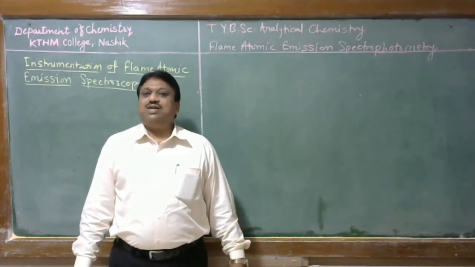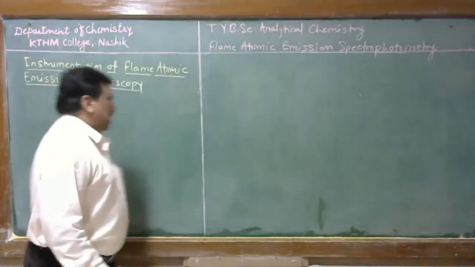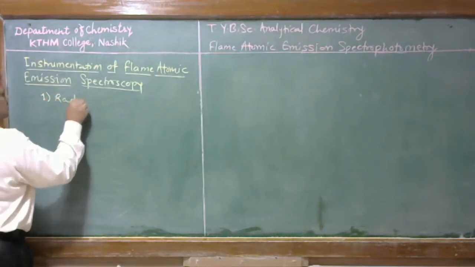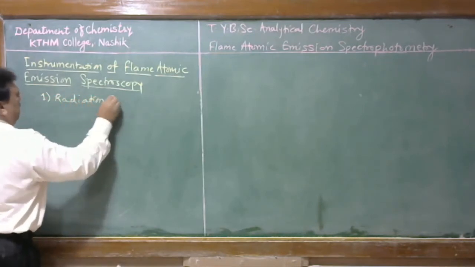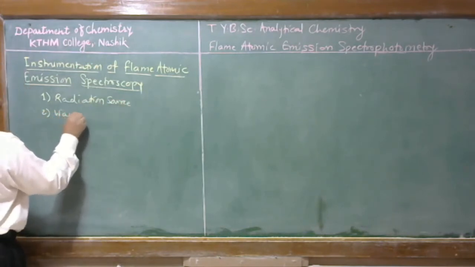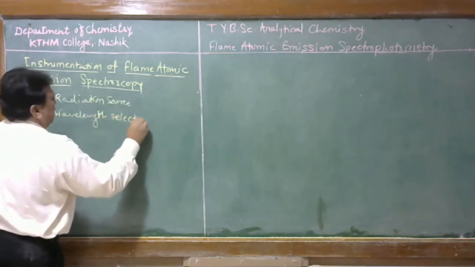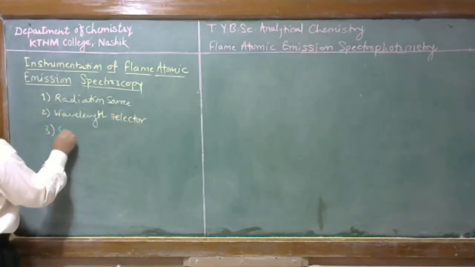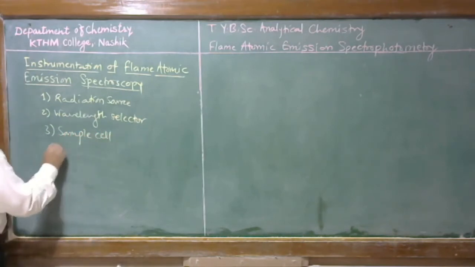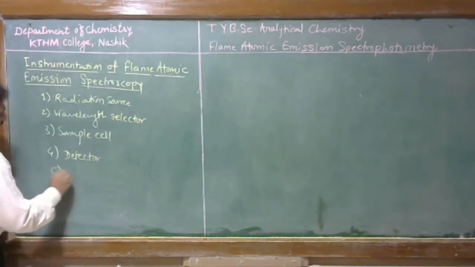that are required for construction of any spectroscopic instrument. Those optical components are: number one, a radiation source; number two, a wavelength selector; number three, a sample cell; number four, a detector; and number five, a recorder.